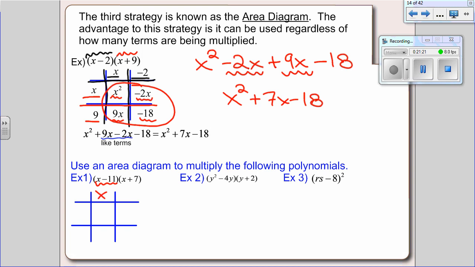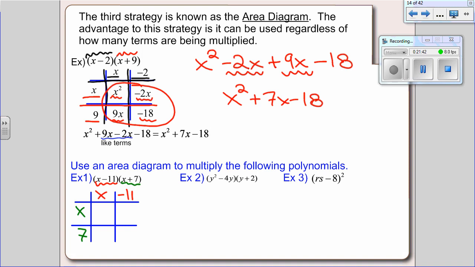The second binomial goes down the left-hand side, so it's x and then plus 7. Now you fill out the inside. You do it using multiplication. So you're not adding the rows and columns, you're multiplying them.